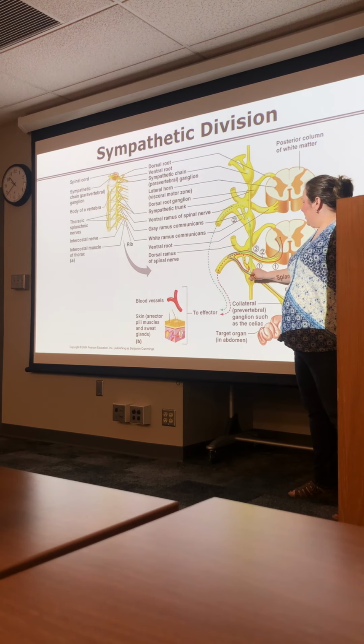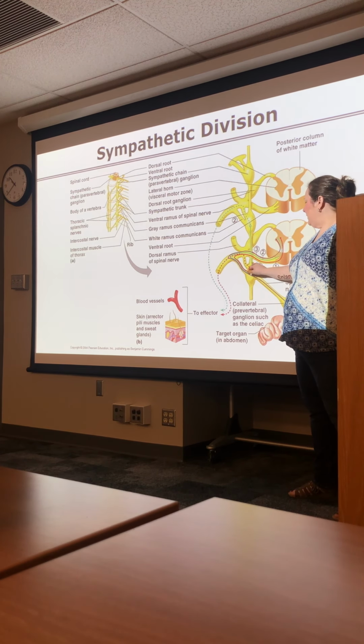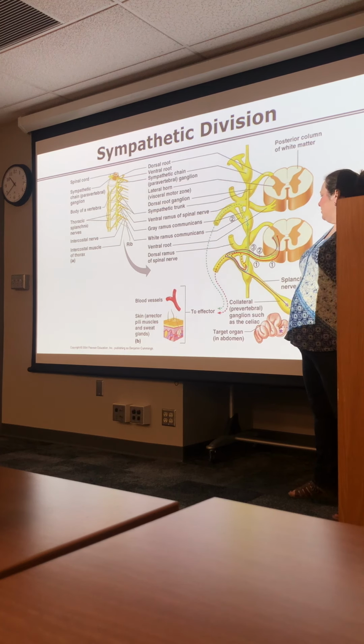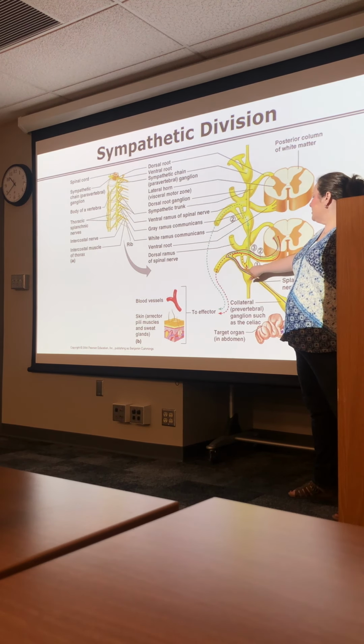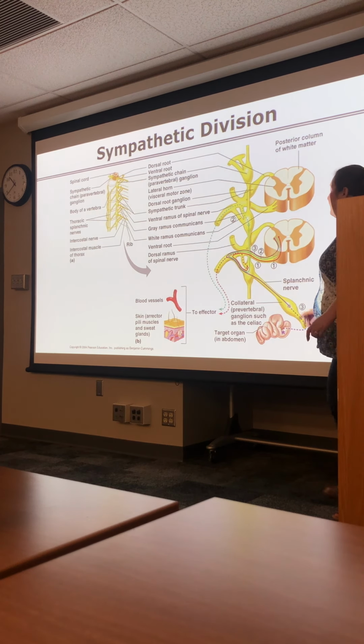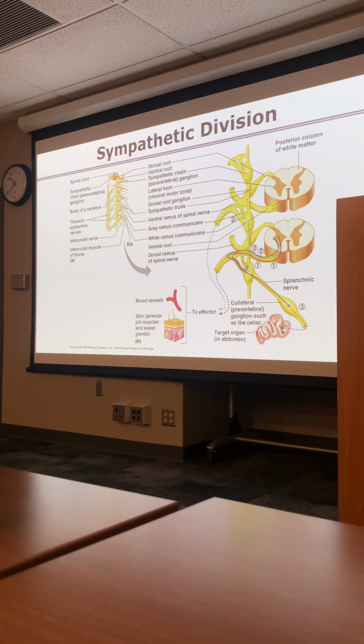It specifically comes into a paravertebral ganglion. Para means next to, so next to the vertebral column ganglion. These are sympathetic ganglia. And in there are cell bodies of postganglionic sympathetic neurons. Now what can happen?